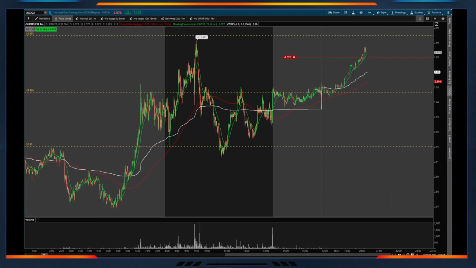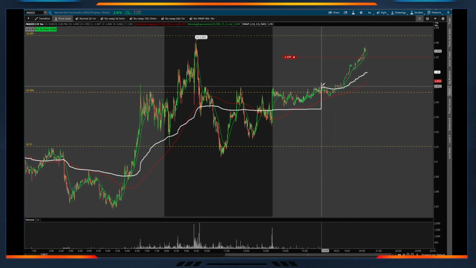And if you notice, right after hours, the natural gas market is continuing to move higher. So we've had quite a bullish week here with natural gas closing out the month of September. We started consolidating after hours and ended up continuing this uptrend, and that's where I took the trade.